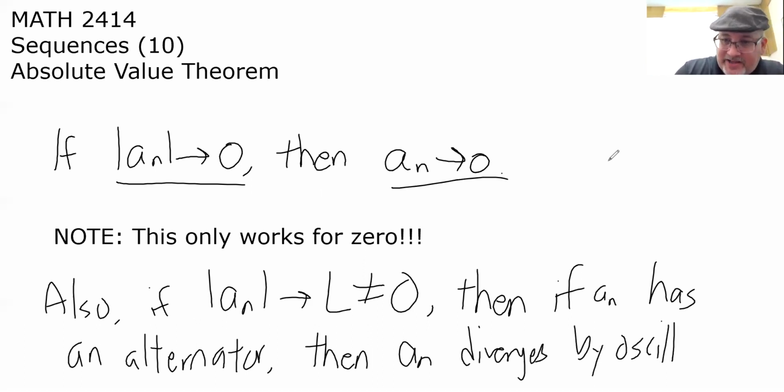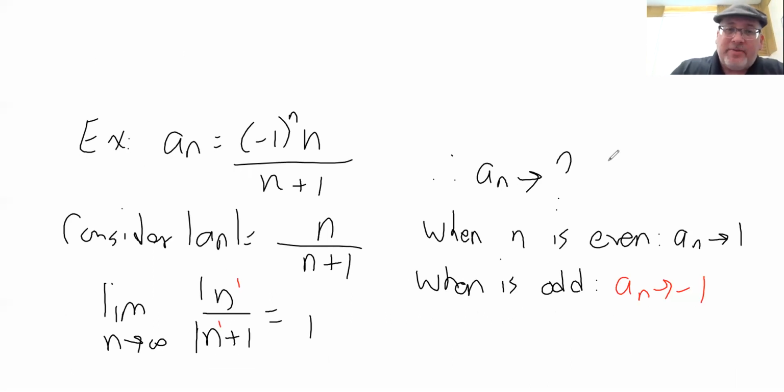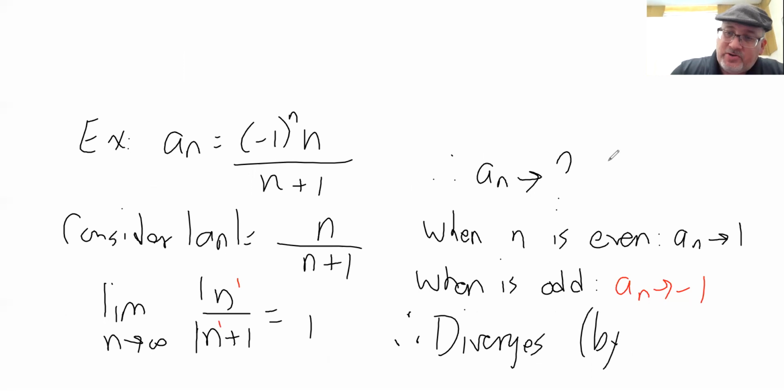Wondering why I said it has an alternator? If it didn't have an alternator, then they'd be the same sequence and go to the same place. But if you have an alternating sequence, and without the alternator you converge to something that is not 0, then the original sequence diverges by oscillation.